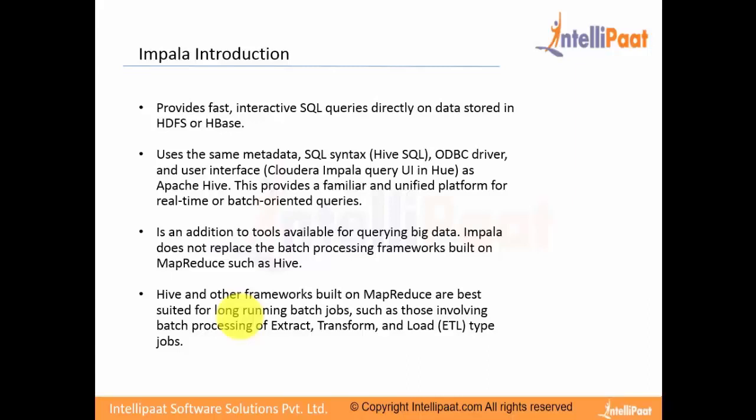HDFS data is stored in the form of files on the distributed file system, where the files are divided into blocks, and whenever we execute any query, it will span multiple slave nodes, perform the execution in parallel and return the results.